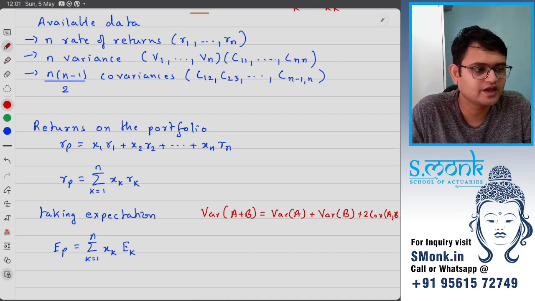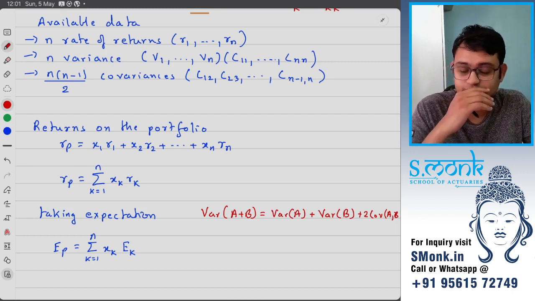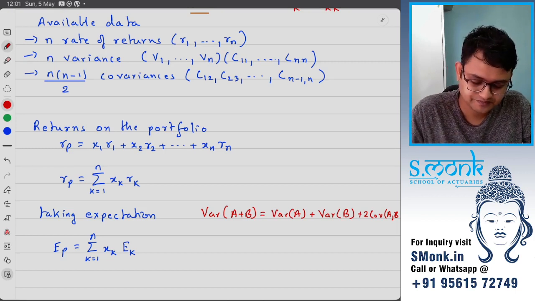Variance of A plus B would give me variance of A plus variance of B plus 2 times covariance of AB.